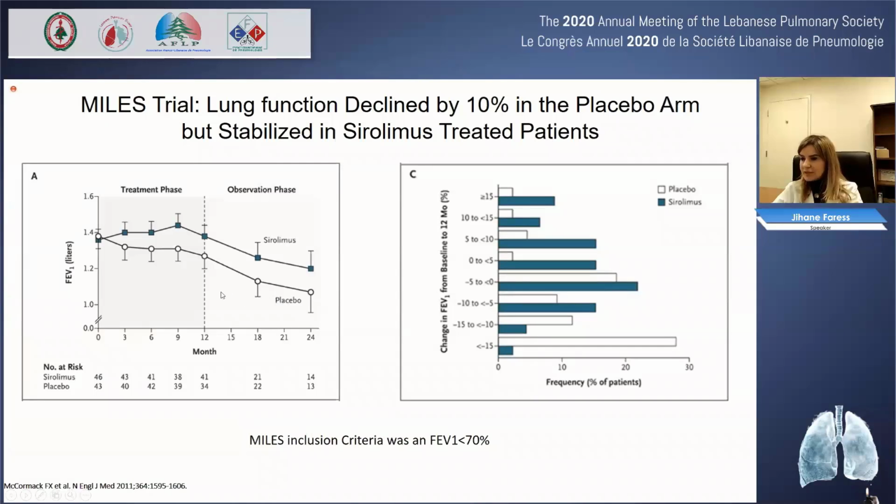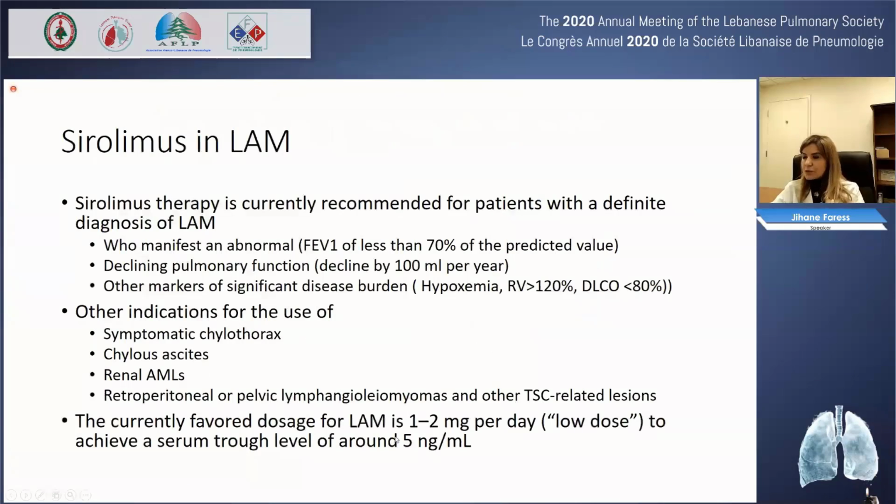They did a 1-year treatment phase and a 1-year observation phase, and they found that sirolimus will stabilize your lung function. But it's not a curative medication, so when you stop it, the decline will pick back up. Sirolimus is approved for people who have an FEV1 less than 70, or people with declining pulmonary function tests. It's also approved for symptomatic chylothoraces.